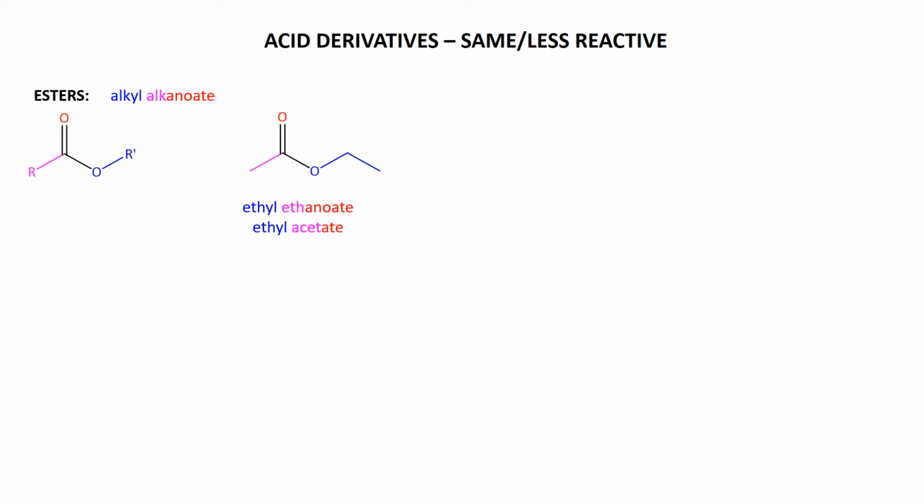Anyway, so here we have ethyl ethanoate. So there's the ethanoate here, would have been acetate, acetic acid, so ethanoate. And then we have 1 carbon, 2 carbons to the O for the ethanol that was the alcohol used, giving us the ethyl, so ethyl ethanoate or ethyl acetate.